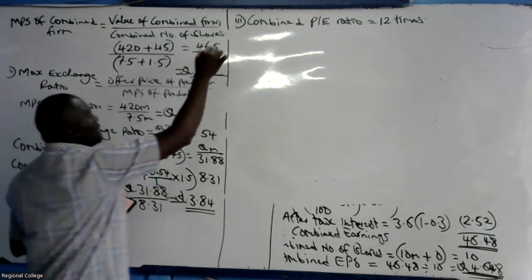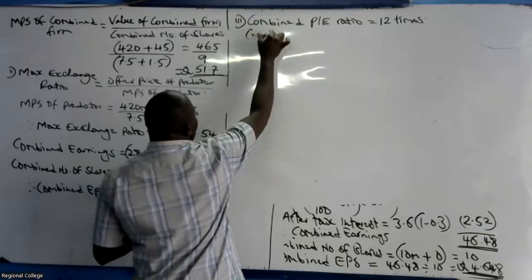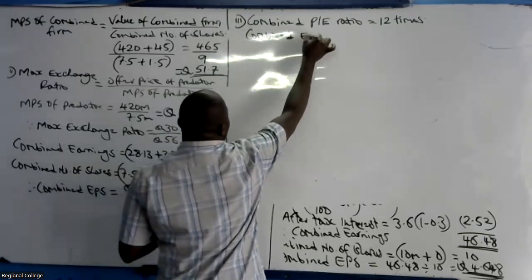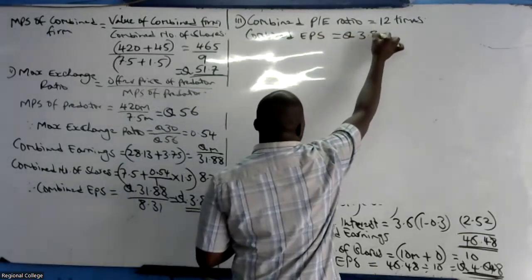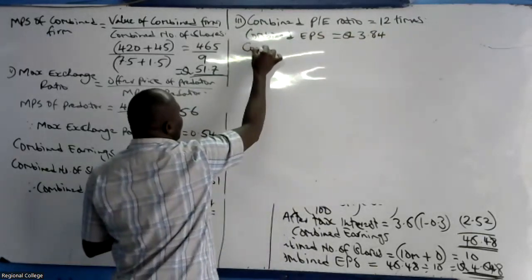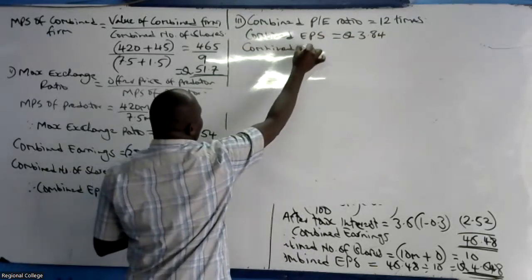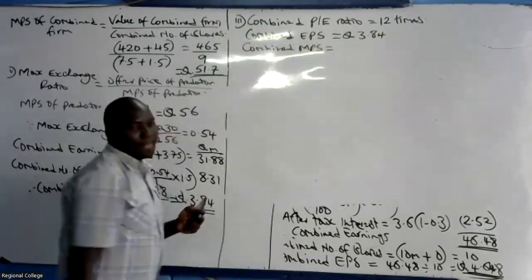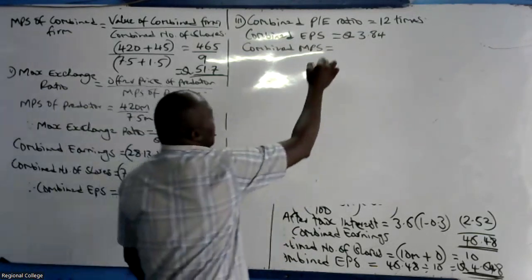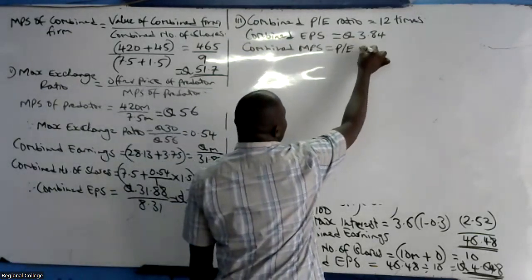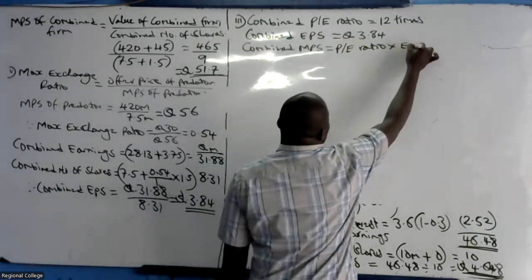And we have the combined earnings per share, combined EPS, 3.84. So can we have the combined MPS? MPS equals PE ratio times EPS.